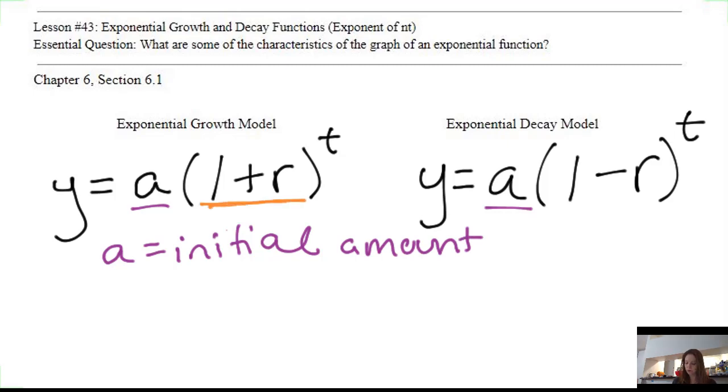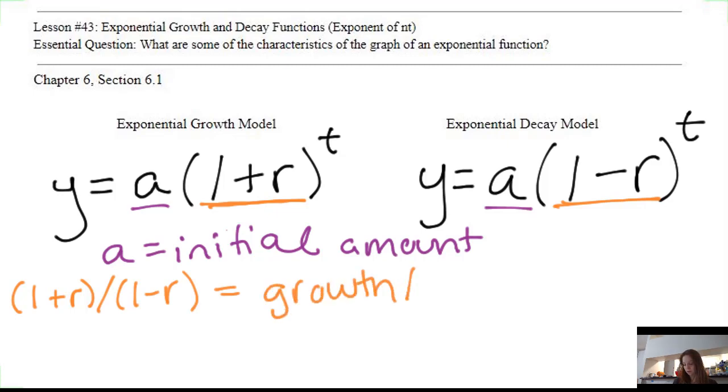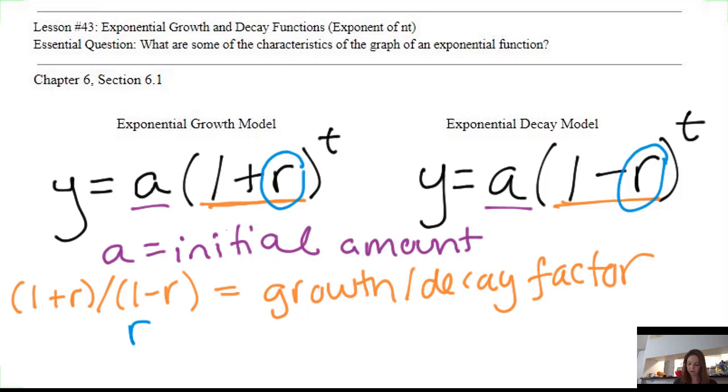1 plus r, 1 minus r, that binomial is equal to the growth or decay factor. r is equal to the percent change as a decimal.